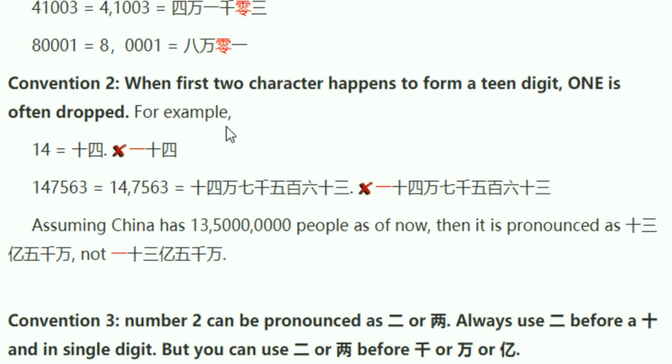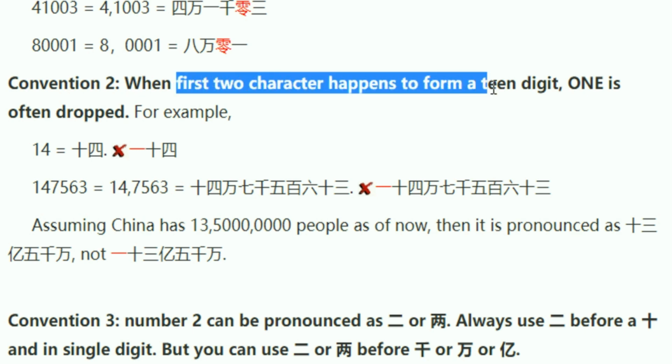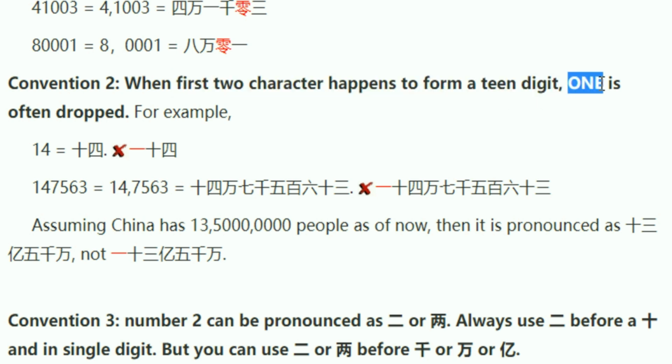The second convention is not that strict, but it is a convention most people would follow. When the first 2 characters in a number happen to be a 十 digit, for example 11, 12, 13, 14, 15, 16, 17, 18, the 一 is often dropped.